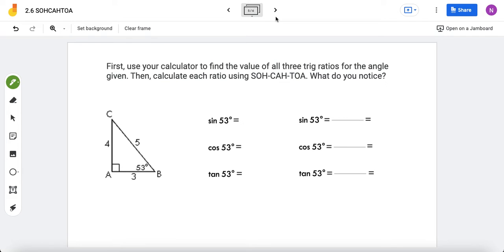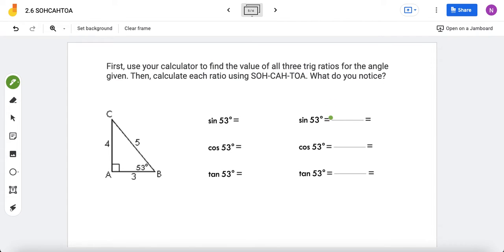Okay, so let's see that in action here. So here, they want us to calculate these ratios, sine, cos, and tan, using a calculator and using the three trig ratios that we just learned. So let's try doing that.